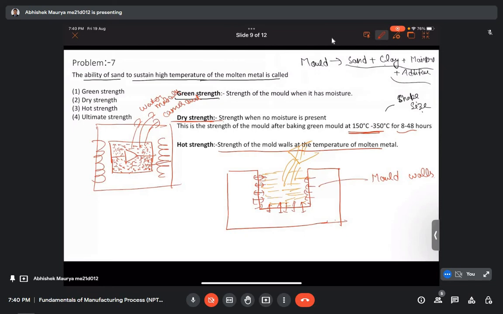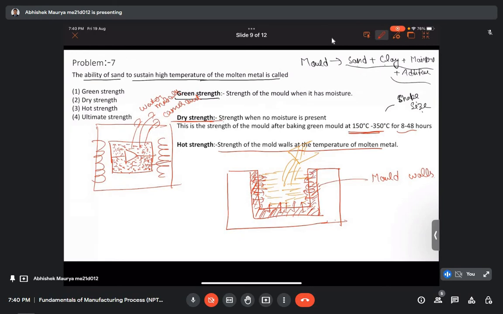And because heat transfer takes place from molten metal to mold walls very quickly, there is a skin region, or a small region of the mold wall.